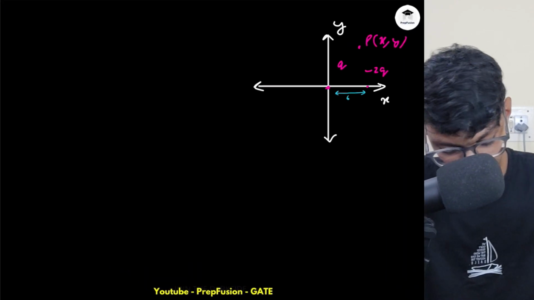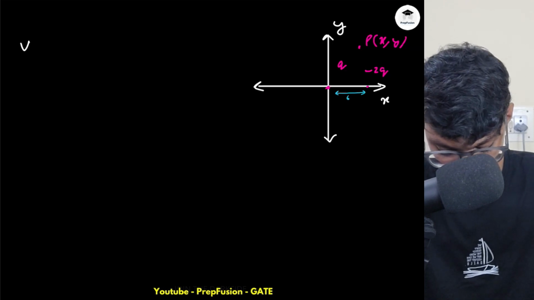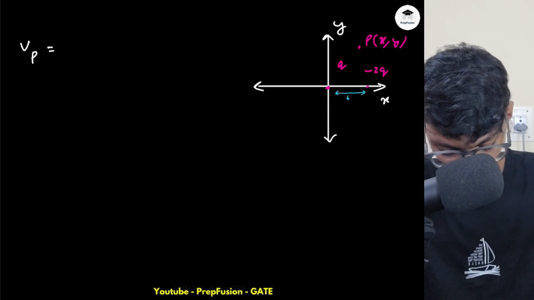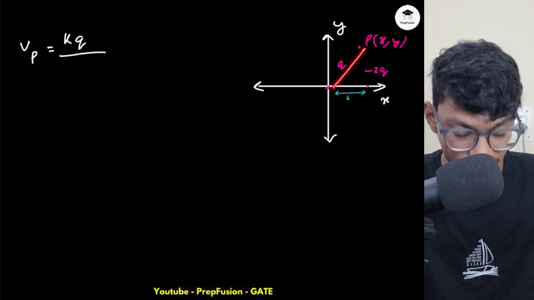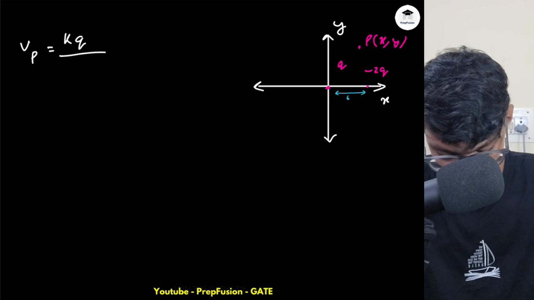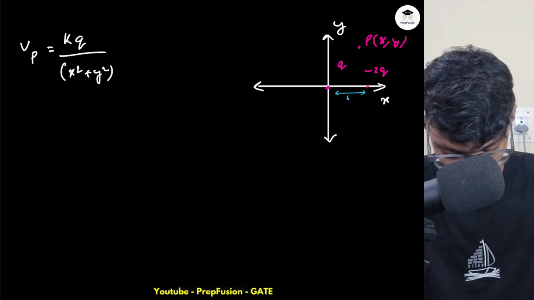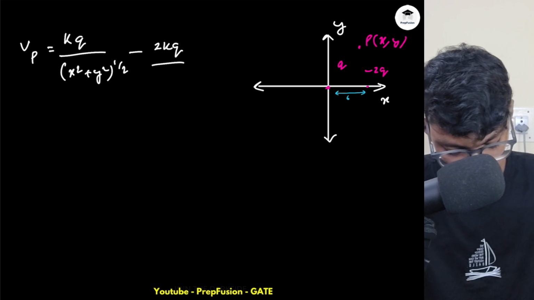So I can easily find the potential at point P, and I will equate that to 0. So potential at point P will simply be, due to the first charge, kq by the distance. What is the distance? It is the square root of x square plus y square, minus 2kq.